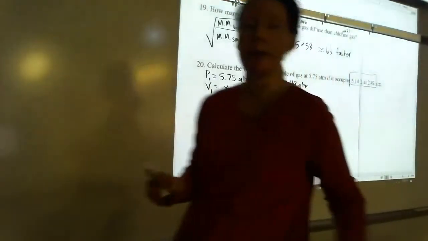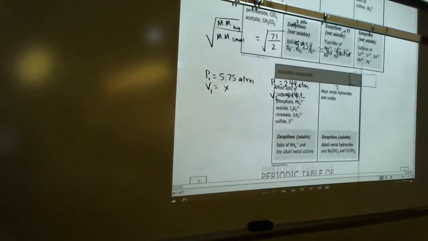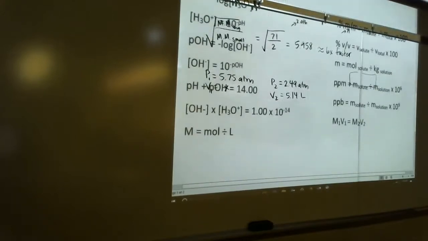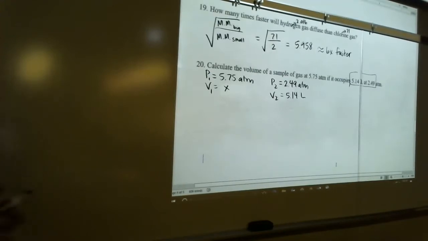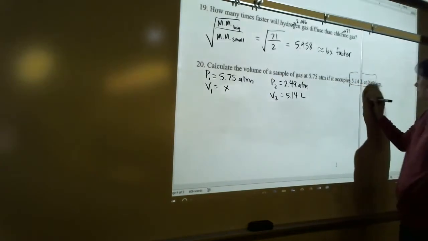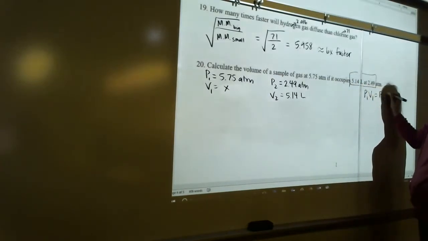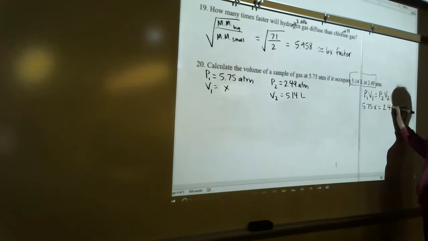So we look at our reference page. Gas laws are on the reference page. We pick the gas law that works. Which one's got P's and V's? It's this one down here: P1 V1 equals P2 V2. So 5.75x is equal to 2.49 times 5.14.